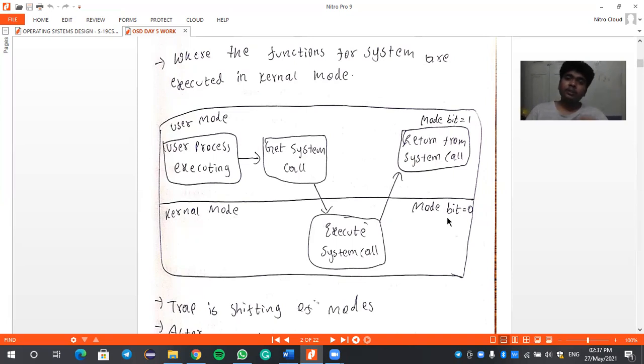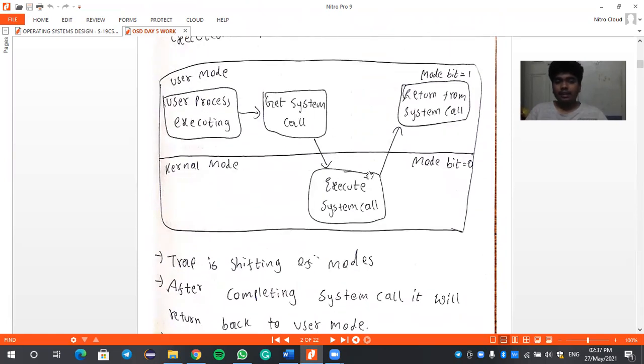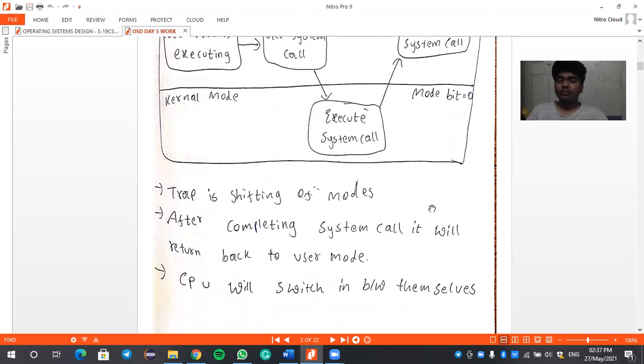This is just for representation and for giving instructions. Kernel mode works only if the mode bit is 0; if it gets switched to 1, then only user mode can run. This is just for the purpose of checking and tracing.